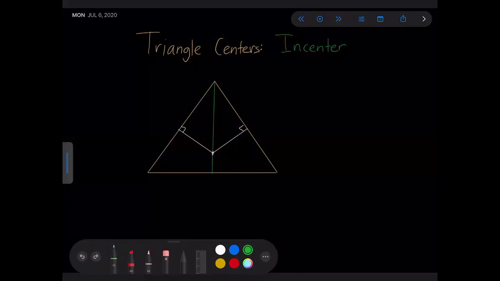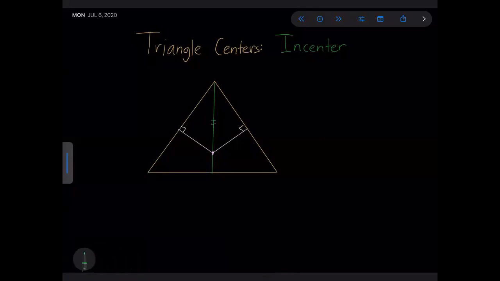well, we know that we can actually use a congruence. We know that they share the hypotenuse and they're right triangles. This is actually enough information to tell us that these two triangles are congruent.